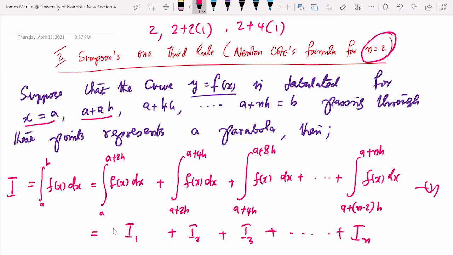We have 2, 4, 6, then the other one will be 2 plus 8 multiplied by 1. Sorry, it's supposed to be 6h for the third, so that this one becomes 8. So this will be 2, 4, 6, then 8, and so on. So the spacing in this case is 2, 2, 2, 2. Is that okay? Yes, that's okay.